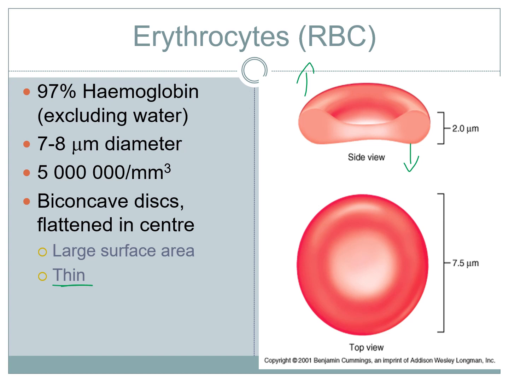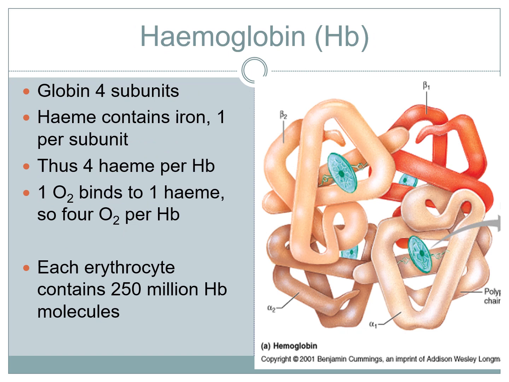Now, looking at the main component that makes up erythrocytes, we have our hemoglobin. Now, hemoglobin is made up of 4 different subunits, or 4 different globules. Each one of those globules contains a heme molecule, and each heme molecule has an iron. Okay, and not an ion as in a charged particle, but actually iron as in the element, per subunit.